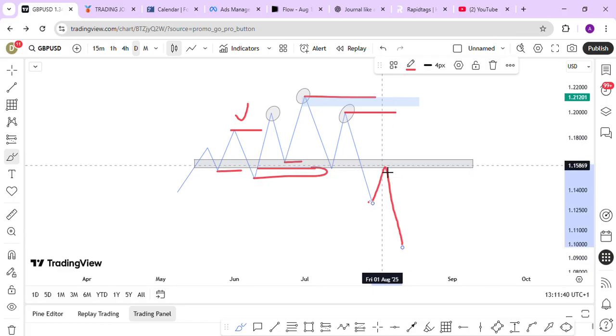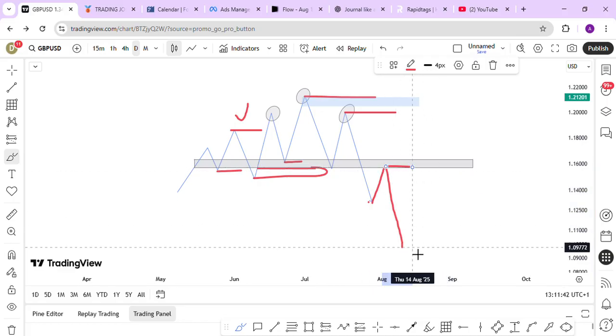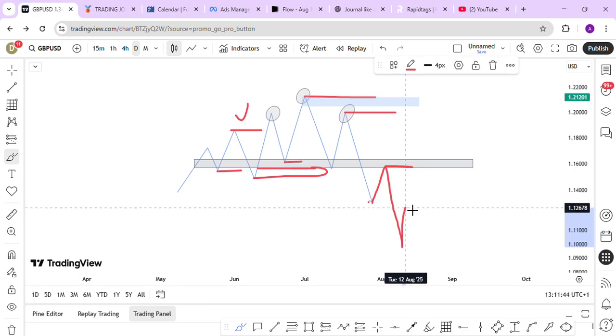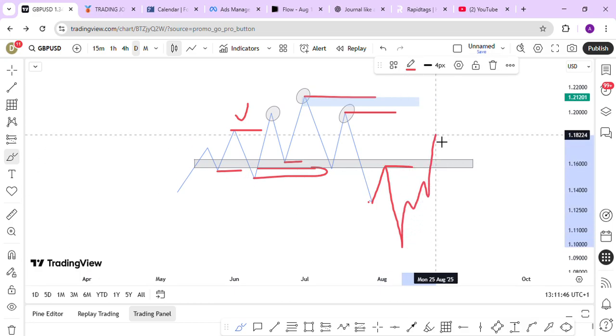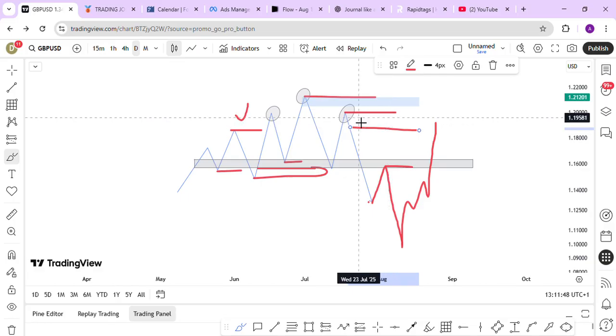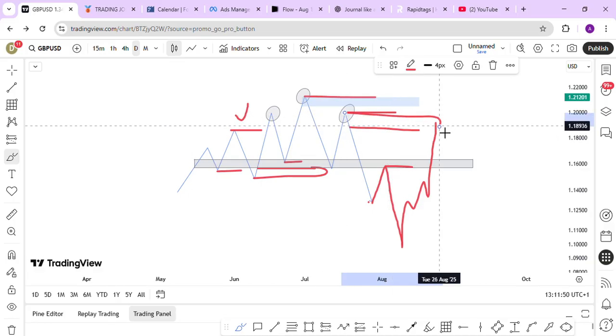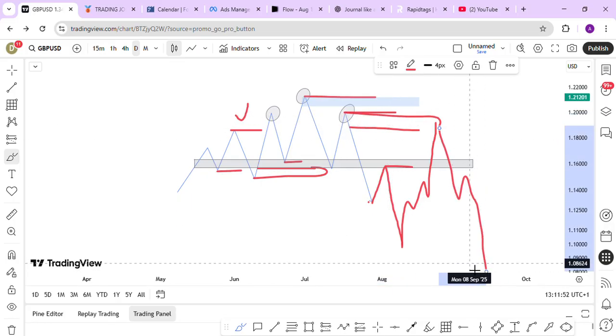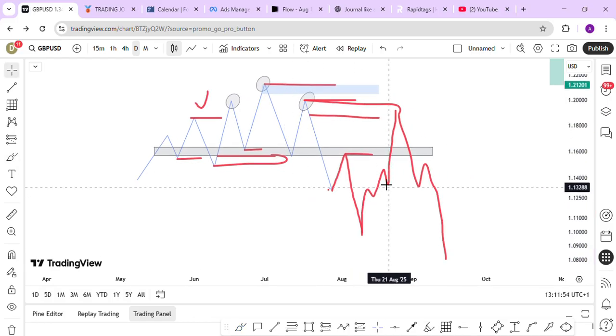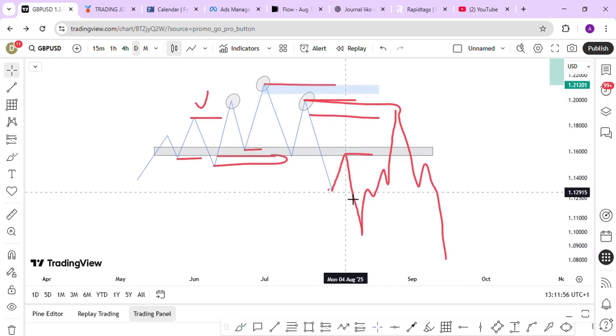So this level will serve as an inducement. Then that's when you will see the market go back and mitigate probably the next POI, then market will drop. So this is why a lot of typical traders have it confused, because they don't factor liquidity into their setup.